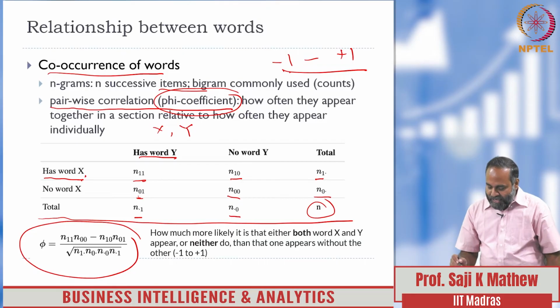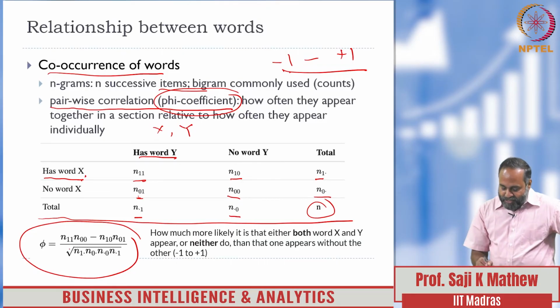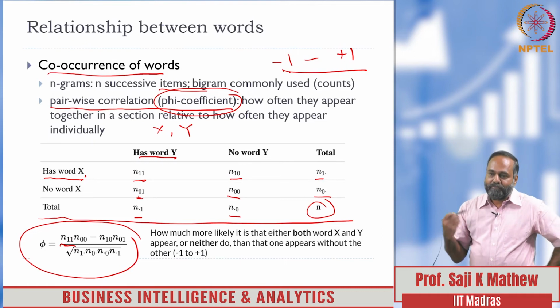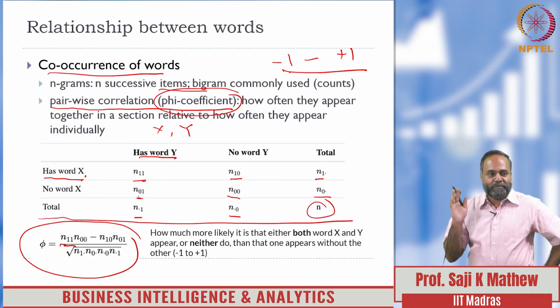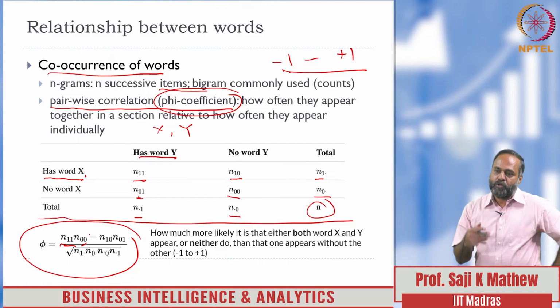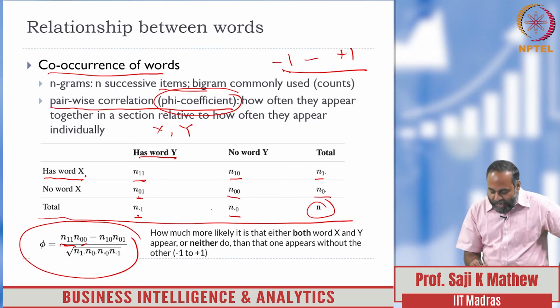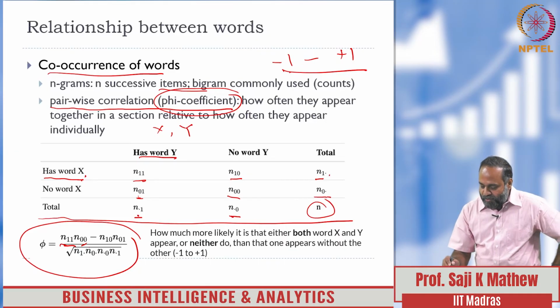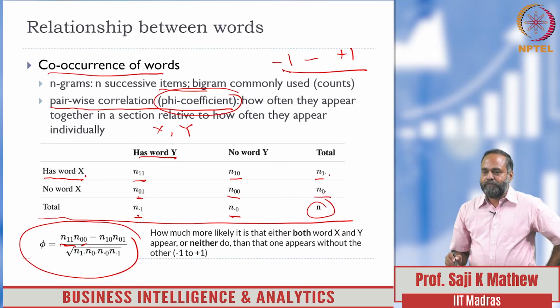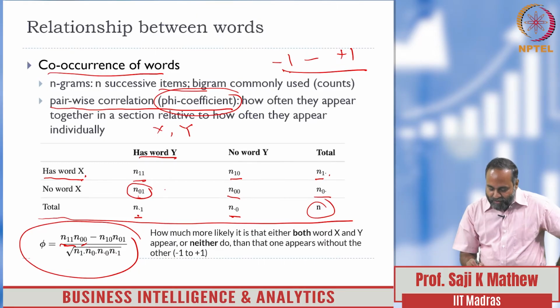Therefore, what do you think about n11? That is a count of how many times they are occurring together. N00 is the number of times they are not occurring together. But what do you think about n dot 1, n dot 0, n10, n0 dot, etc.? What will be this value? There is no 1 without 0, right?